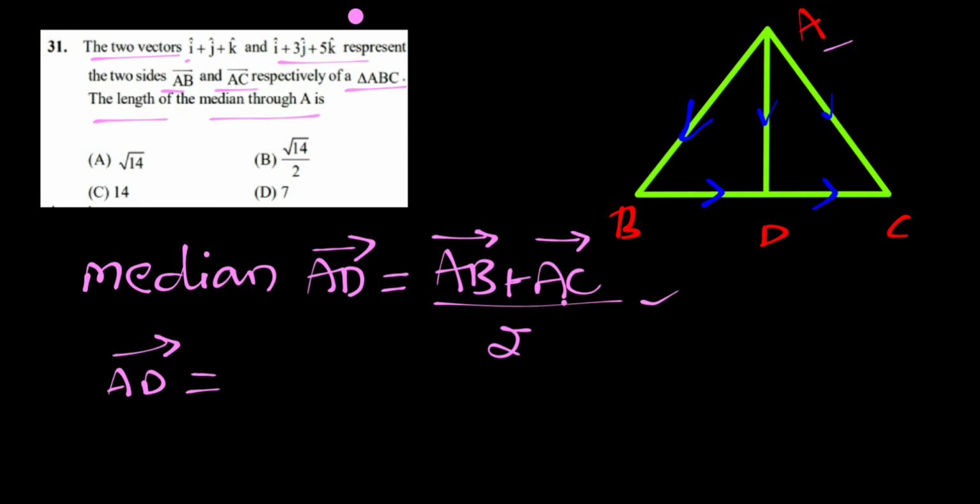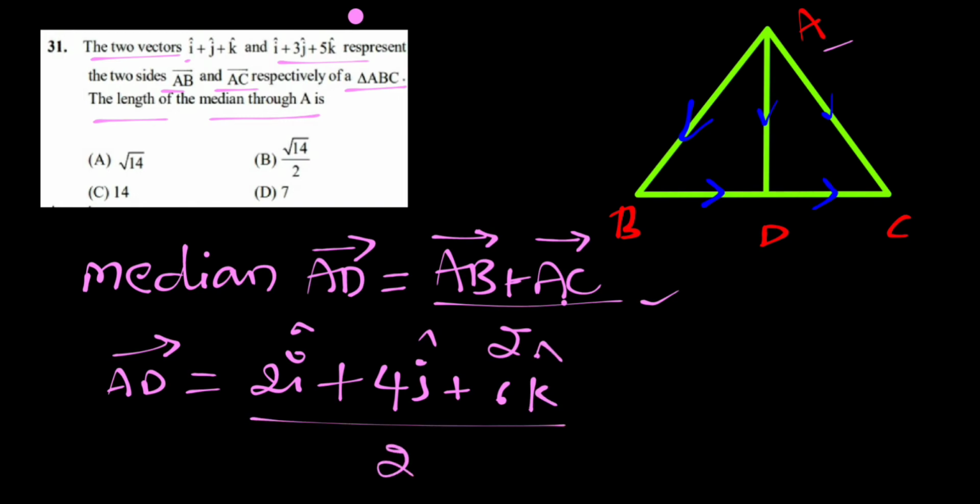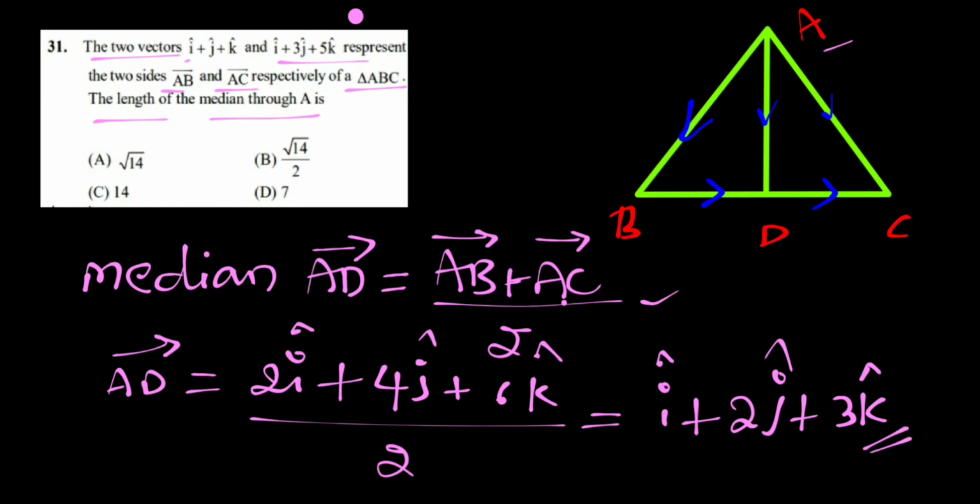So add the two: î + î is 2î, ĵ + 3ĵ is 4ĵ, k̂ + 5k̂ is 6k̂, divided by 2. If you simplify, taking 2 common, we get î + 2ĵ + 3k̂. This is the median.